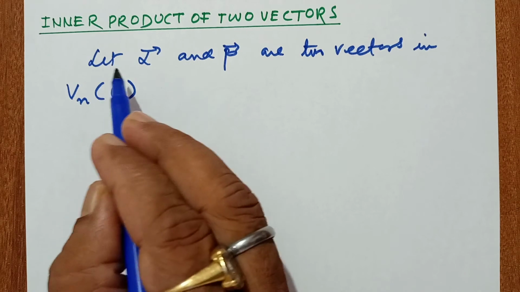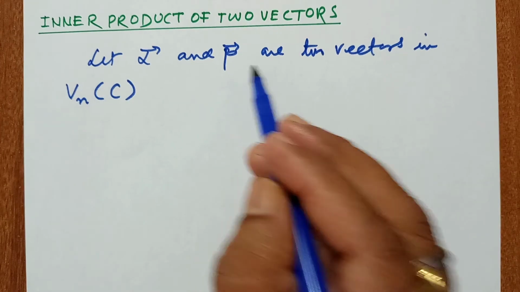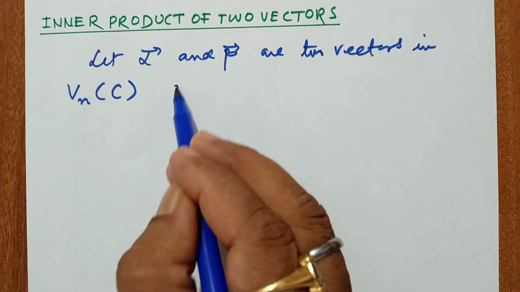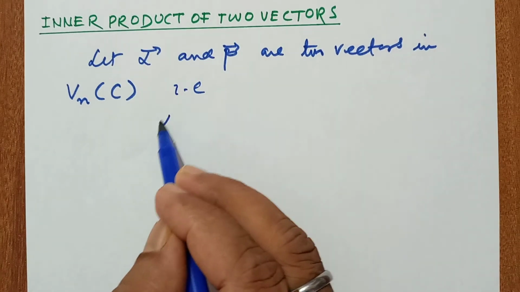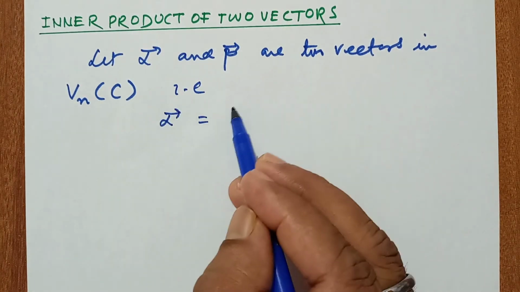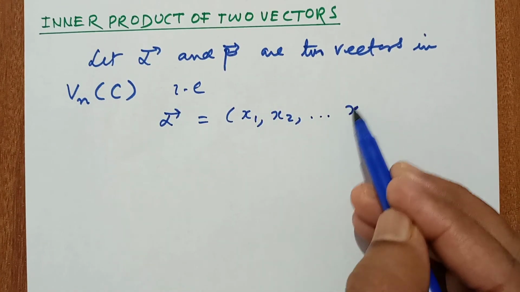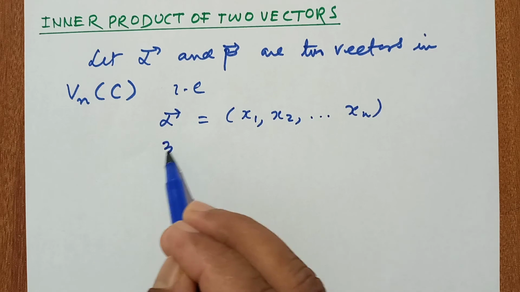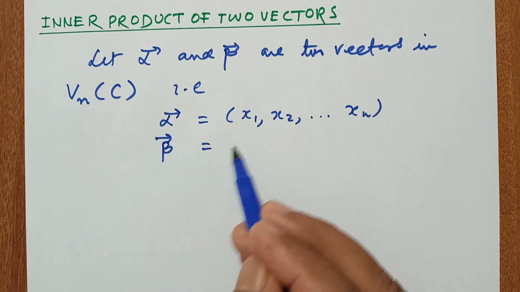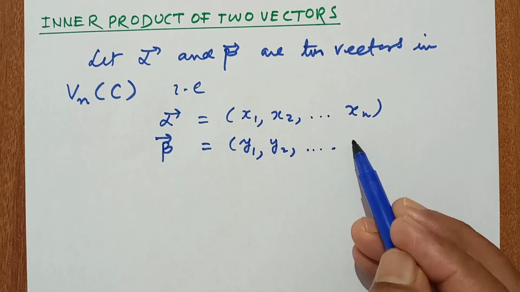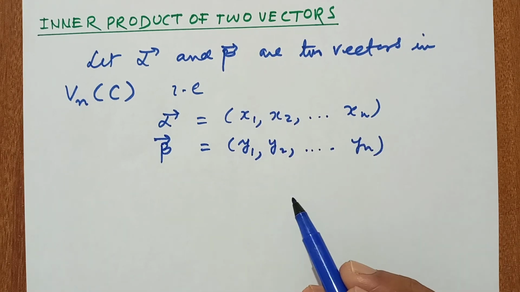Okay, so let alpha and beta be two vectors in Vn, that is alpha equal to x1, x2 up to xn and beta equal to y1, y2 up to yn.